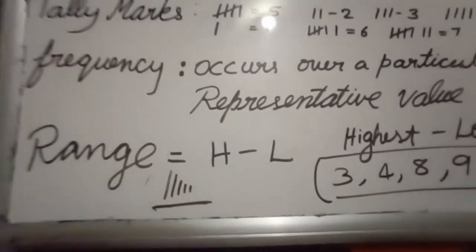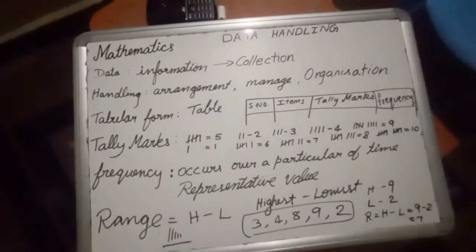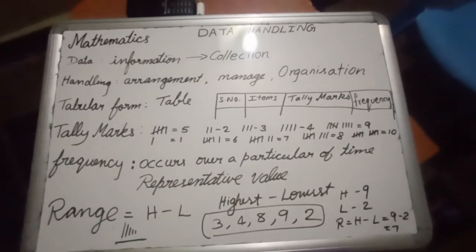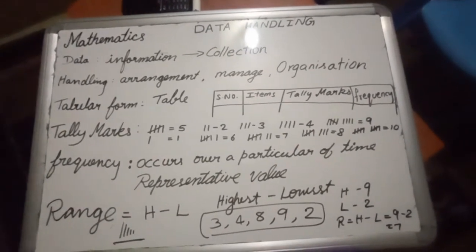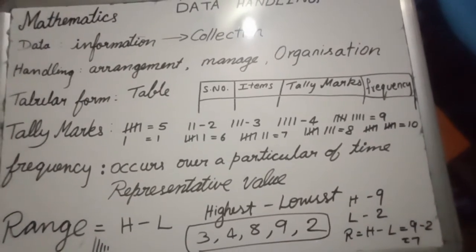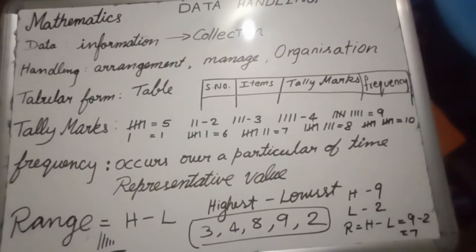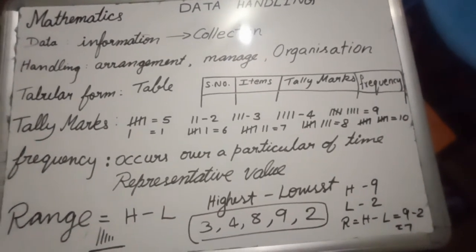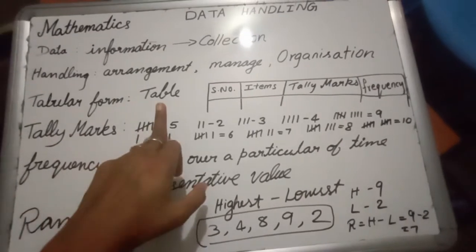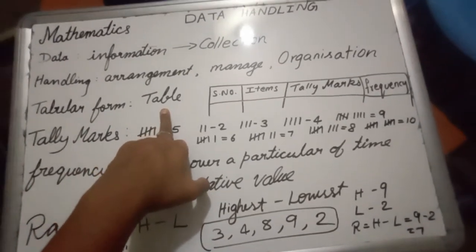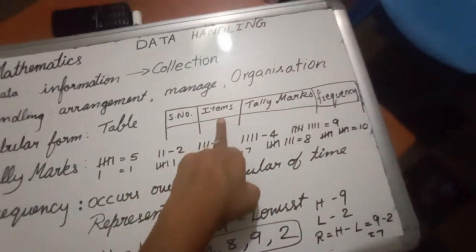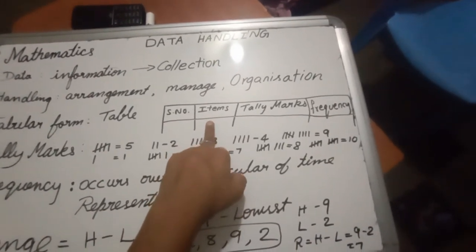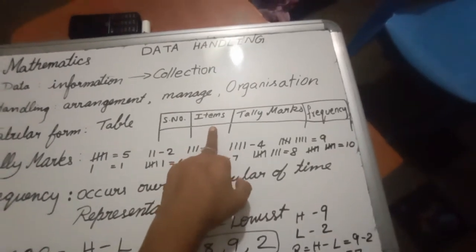Highest minus lowest. In this introduction part, we have learned data handling: data, information or collection, handling, arrangement or management, organizing the data. Tabular form: in all the collection of data, we are representing in the form of a table, that is serial number, items or anything you can take, observation, marks, whatever it is, depends on the situation and depends on the given data.